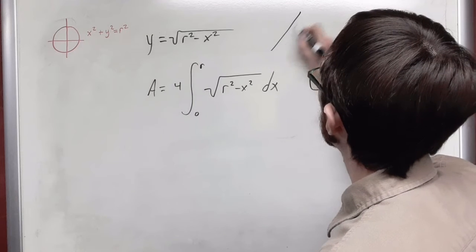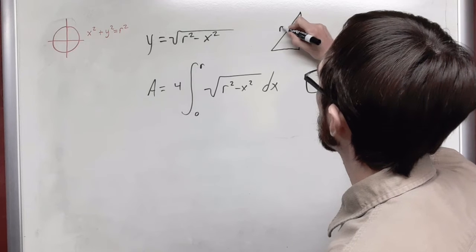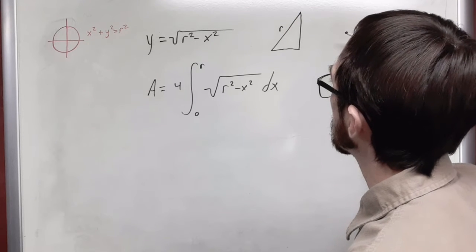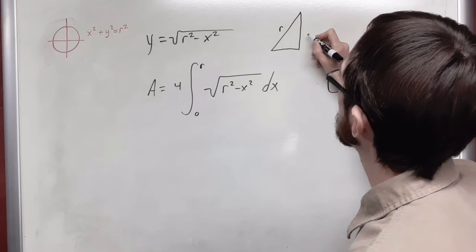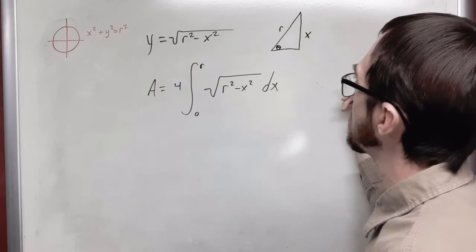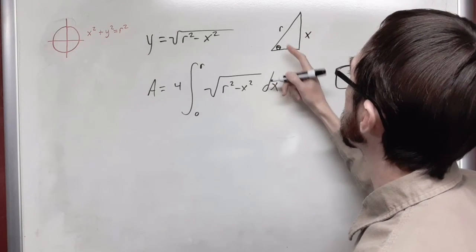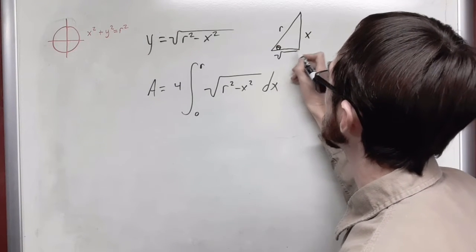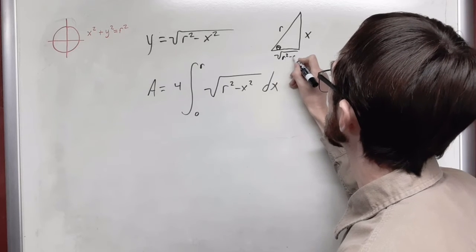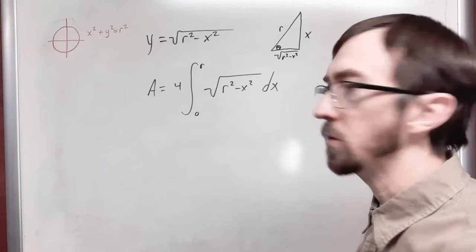So if we draw a reference triangle here, our hypotenuse is going to be r. We are going to let this be x. This is going to be our reference angle theta. And then if you do the Pythagorean theorem, you will complete this and find that this is the base of your triangle.